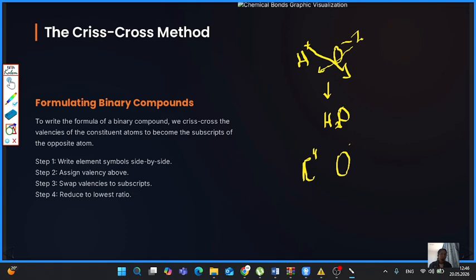Carbon has valency 4 and oxygen 2, the -2 we don't write. We cross it and we should divide it. We can take the smaller number, for example, we can divide 2 by 2 and 4 by 2.